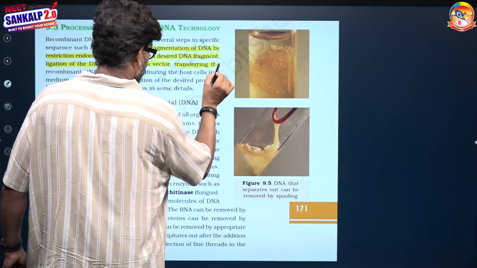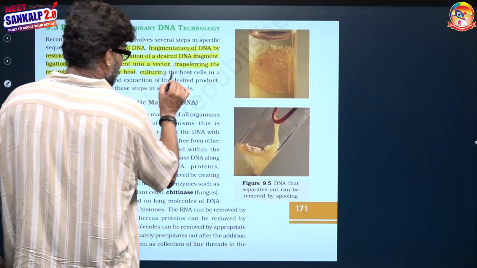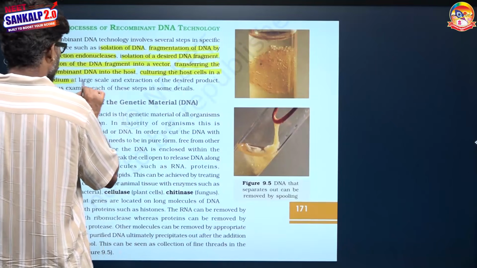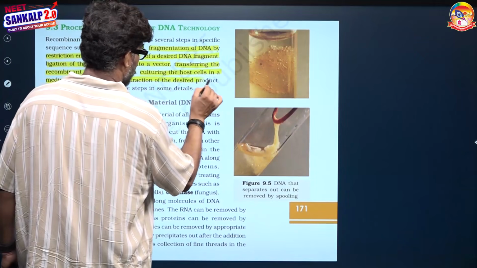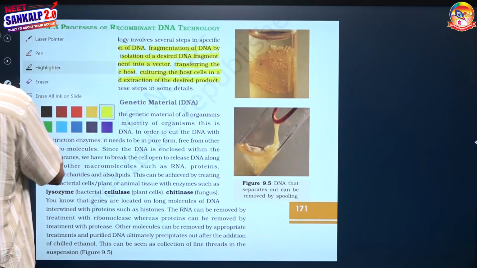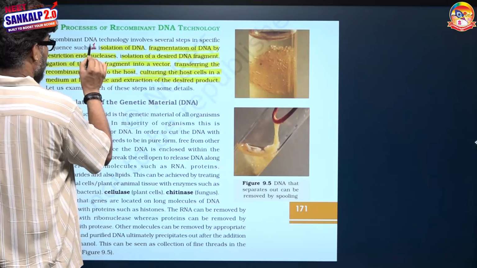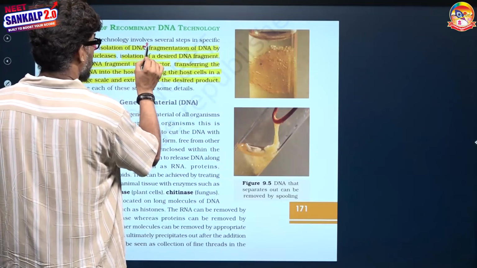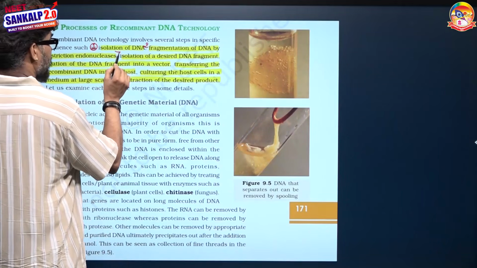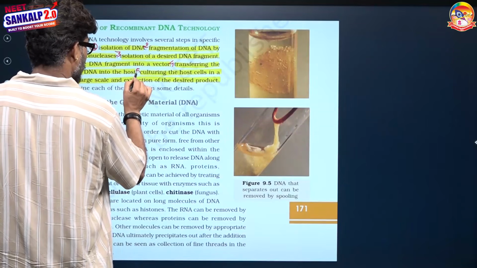Number 5, transferring this recombinant DNA into the host, then culturing the host cell in the medium at a large scale and extraction of the desired product. You have to keep these points in your memory in sequence. I repeat, number 1, number 2, number 3, number 4, number 5.